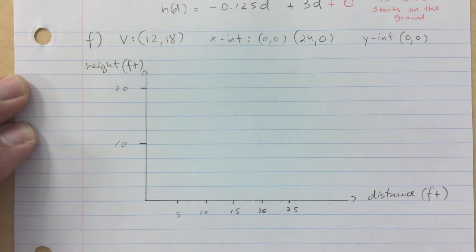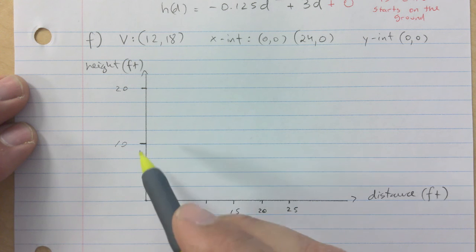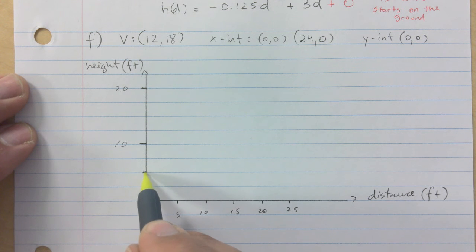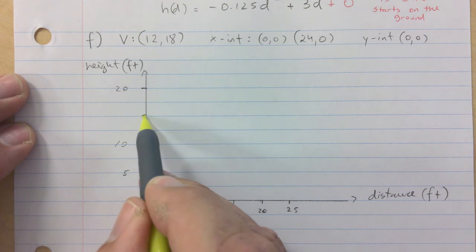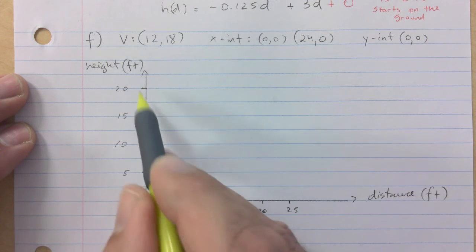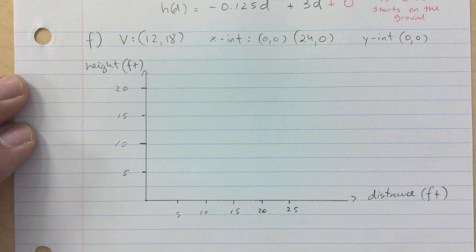Because I have a lot of room, notice that I'm using the lines and it's consistent. To make it easier on me, I'm going to put 5 halfway and 15 between 20 and 10. And so now it's a little bit easier.